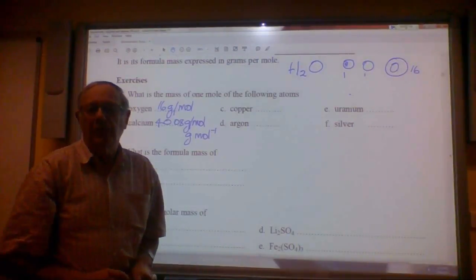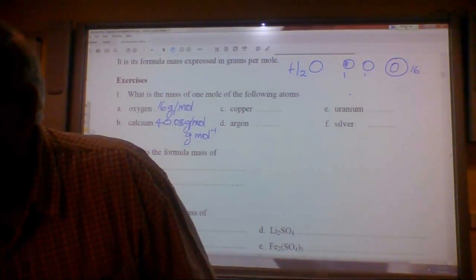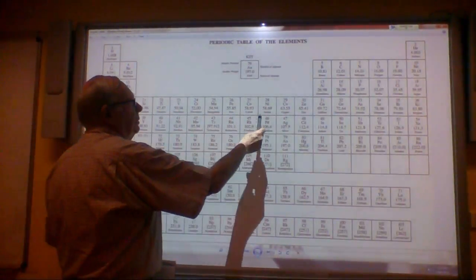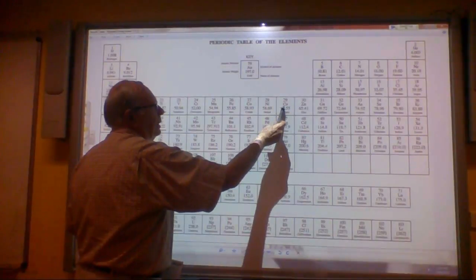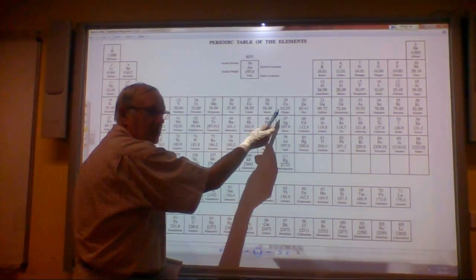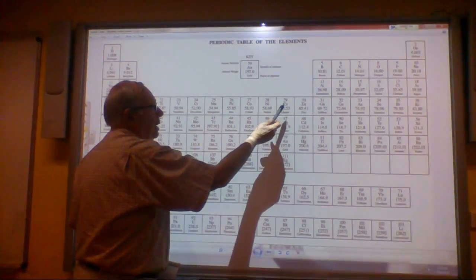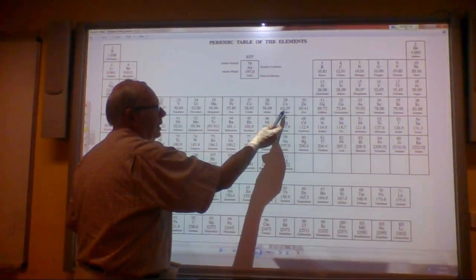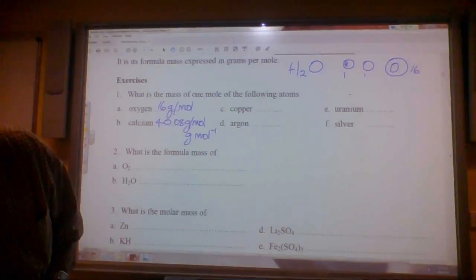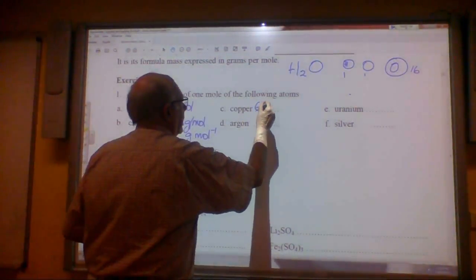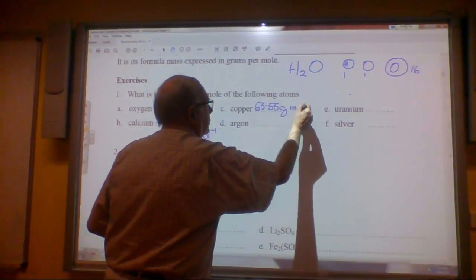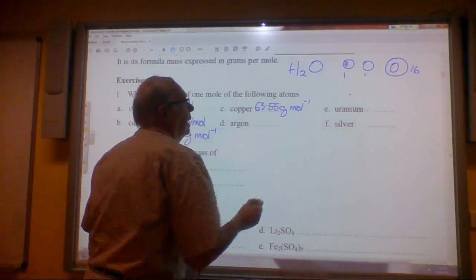For copper, let's have a look at our periodic table. Copper is along here. Copper has the symbol Cu, and its mass in atomic mass units is 63.55. So we go back here, 63.55 grams mole to the -1.